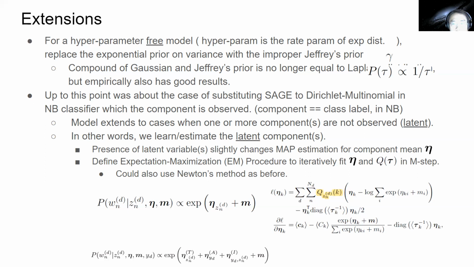What I talked about is basically when the component is just given as granted. But this model extends to cases when one or more components are not observed, which are latent variables. This is actually more useful, because given a corpus, we would have to specify the number of topics, which is a very hard thing to do.